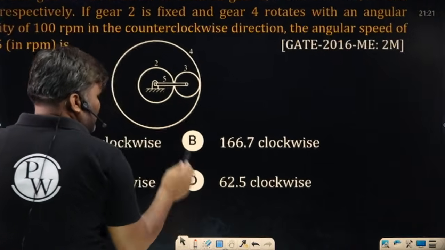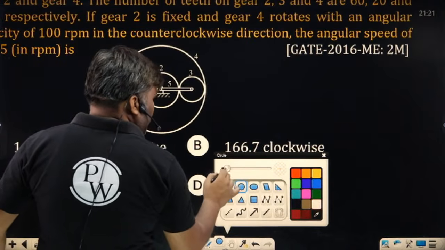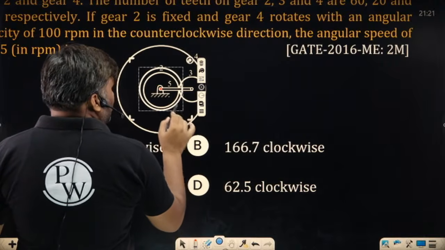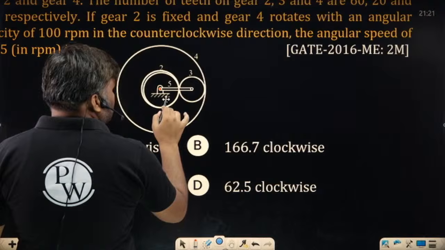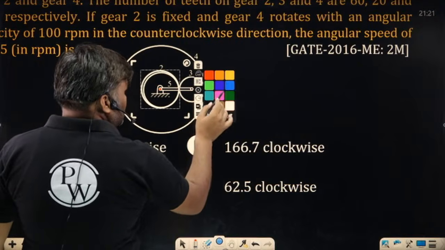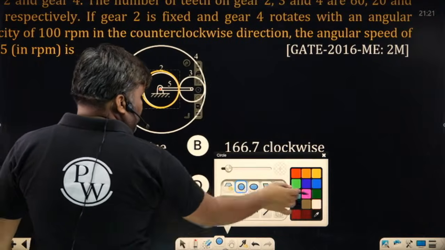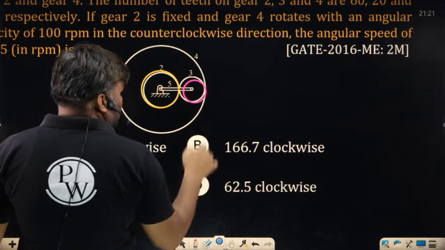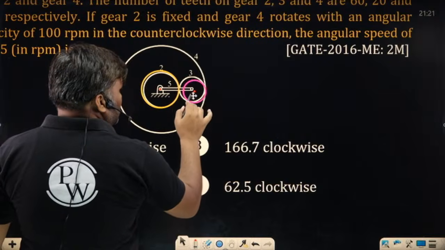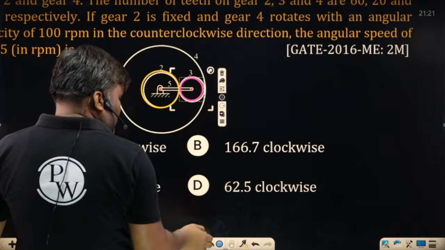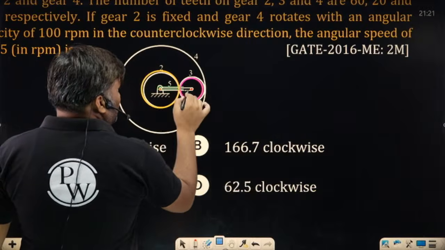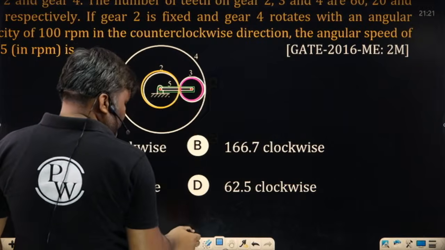Careful, careful, careful. Let me draw the diagram a little clearer for you. We are having one gear. It is engaging with another gear. This gear 3 is carried on an arm. The arm looks like this. This is the arm. Okay?